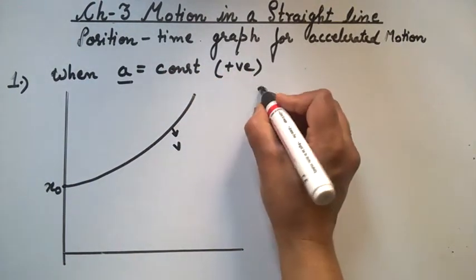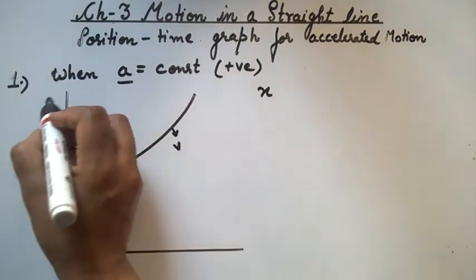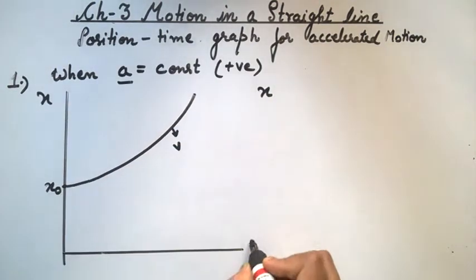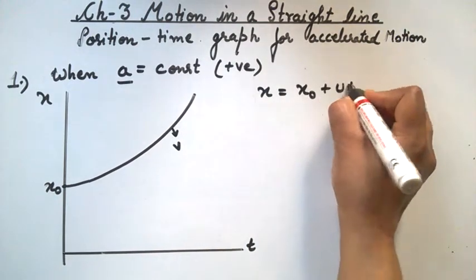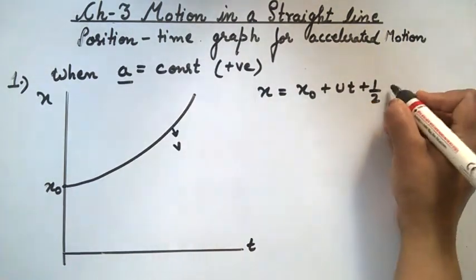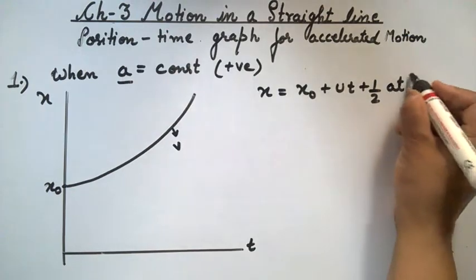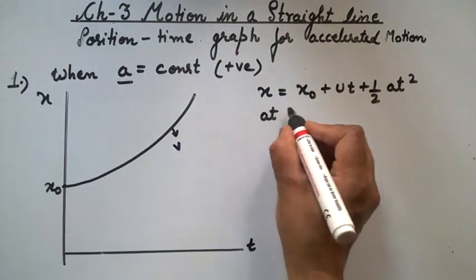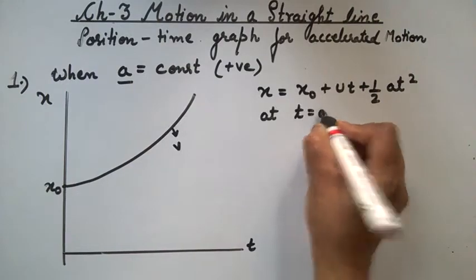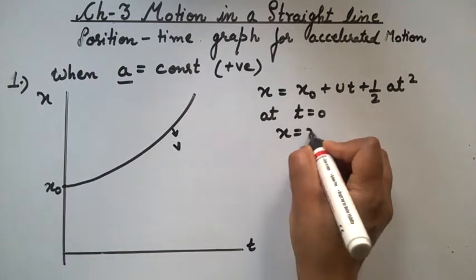Here, as we know by the kinematic equation, x is equal to x naught plus ut plus half at square. At time t equal to 0, x is equal to x naught.